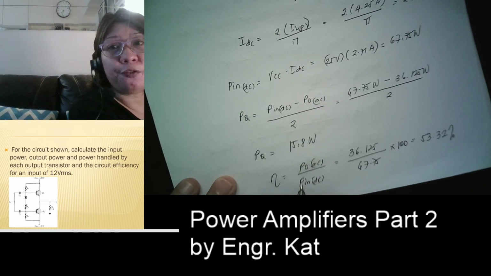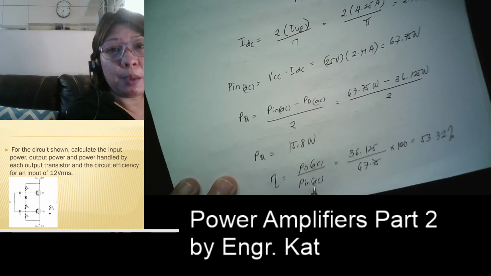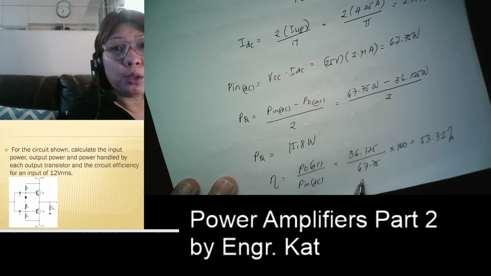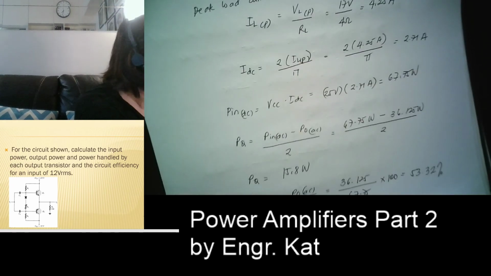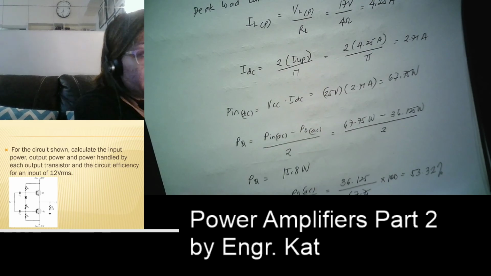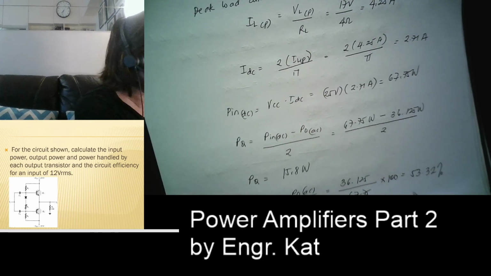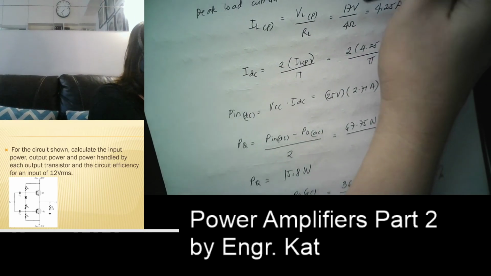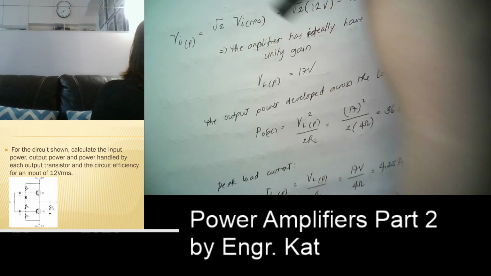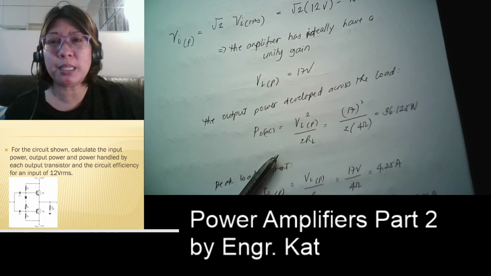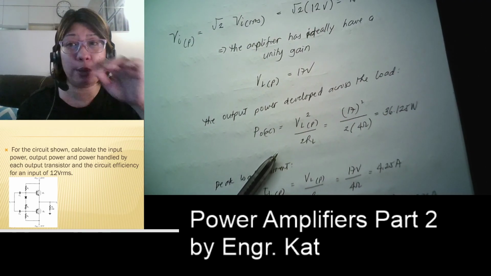Okay, for the efficiency, POAC divided by P in DC, so 36.125 divided by 67.75 times 100 will give us 53.32%. Is this acceptable? Yes, because the maximum allowed is 78.5%.